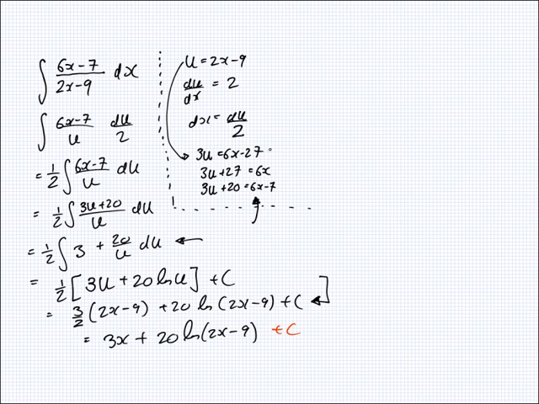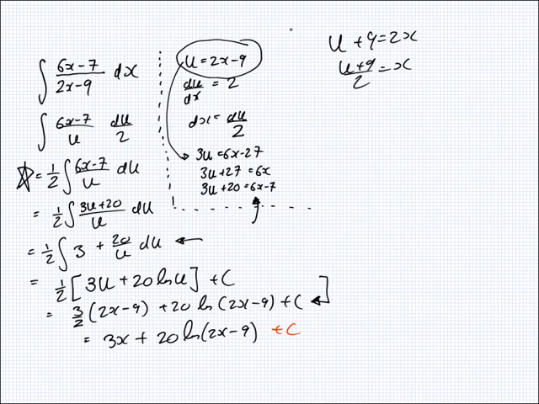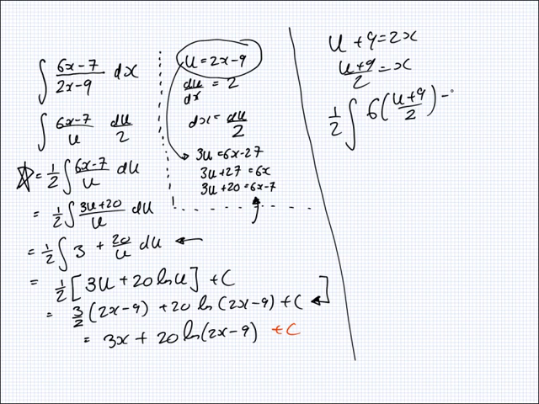This was too clever. Okay, so if you take this, you can change that into u plus 9 equals 2x. So u plus 9 over 2 equals x. And now if we go back to this line, we can change this into a half integrate 6x, which is u plus 9 over 2 minus 7 over u.